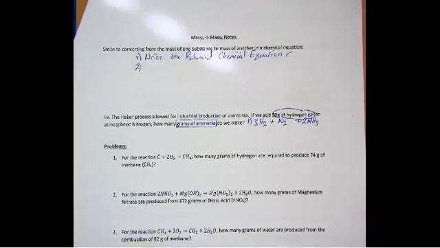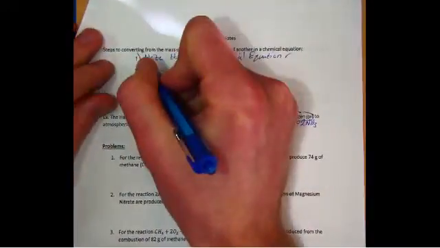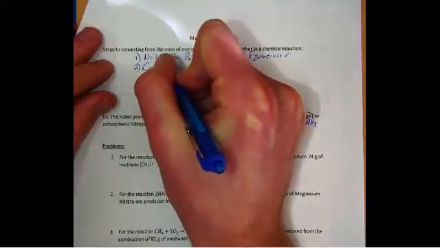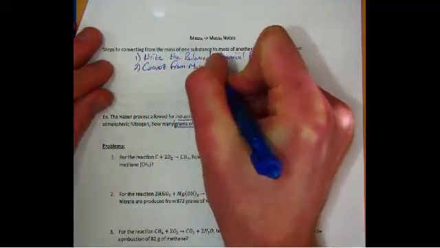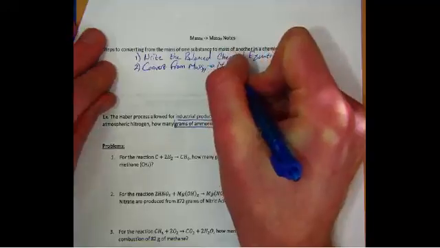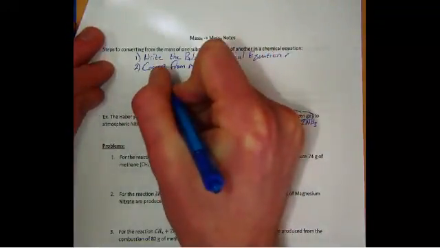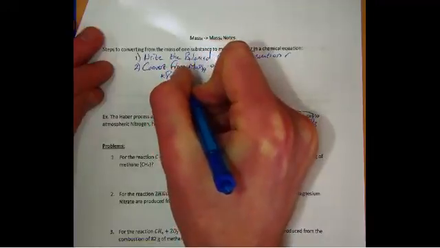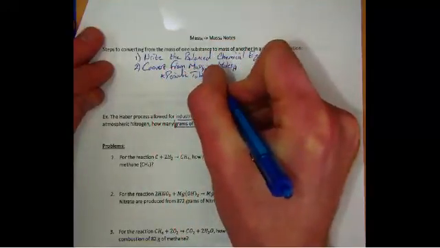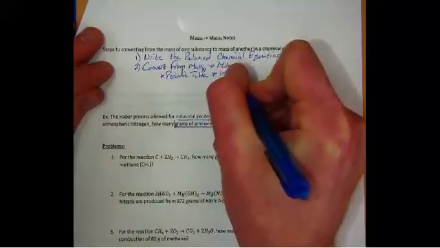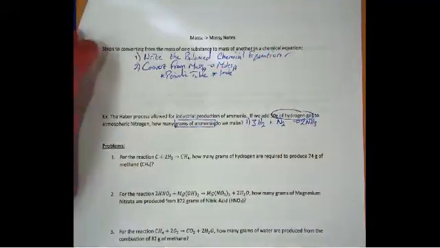And then once we've traversed our mole bridge, then we can finally get to our destination, which is grams of ammonia. So our first step is going to be to convert from mass of A to moles of A. Now, these numbers come from the periodic table because this is our molar mass. And by definition, the molar mass is the mass of 1 mole of a specific element or compound.